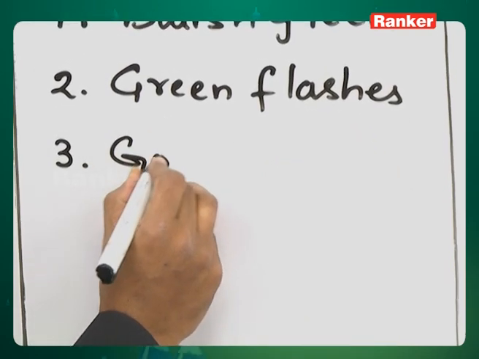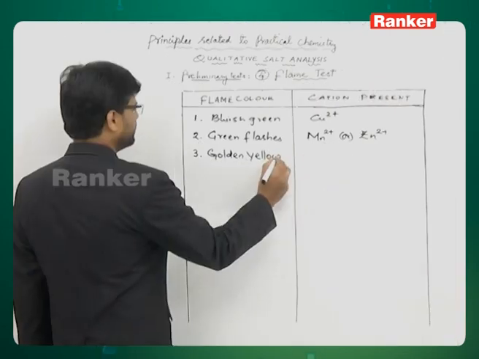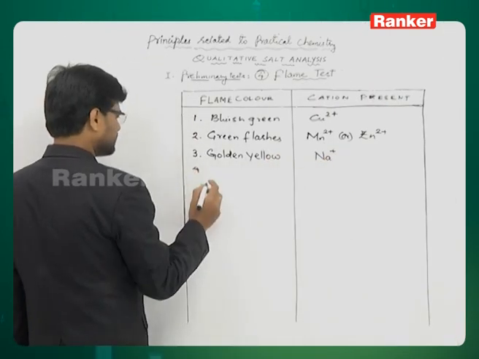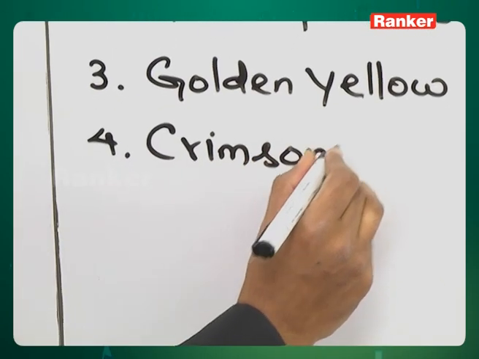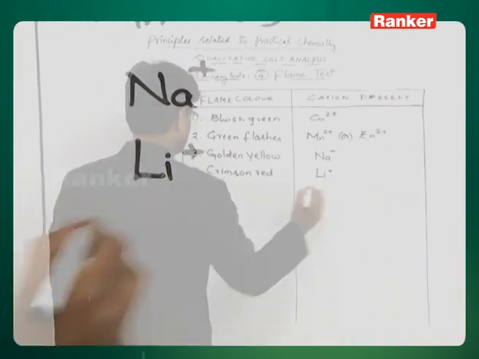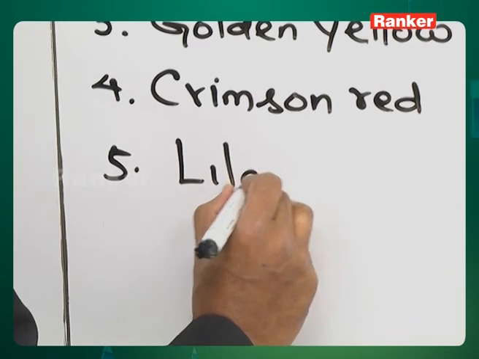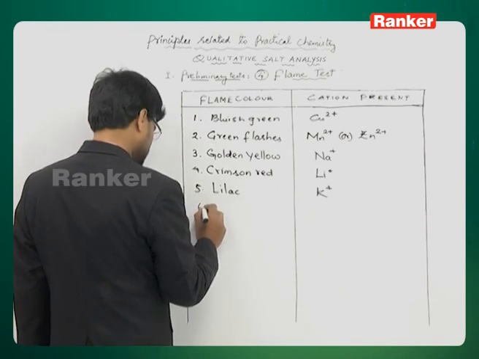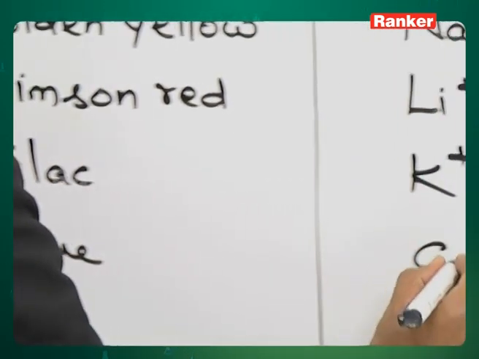If it is golden yellow, then it is sodium salt. If it is crimson red, it must be lithium salt. If it is lilac, it must be potassium salt. If it is blue, cesium salt.